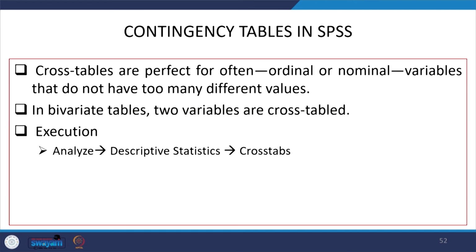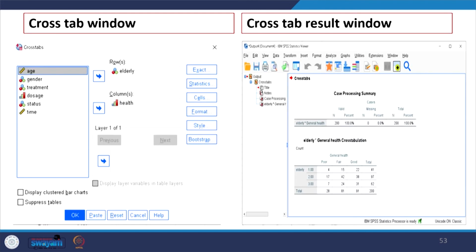Okay. Contingency table in SPSS through cross tabulation. Contingency tables are preferred if the data are ordinal or nominal. These are basically called bivariate tables. We have to select a row variable and a column variable, one variable in row and another in column.